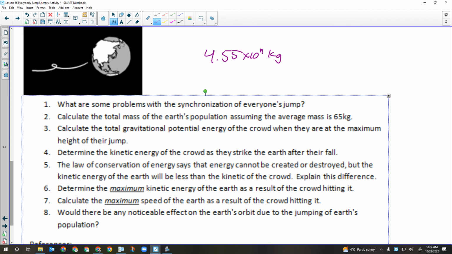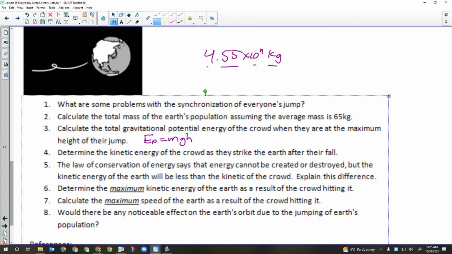Okay, calculate the total gravitational potential energy of the crowd when they're at the maximum height of their jump. I don't know if you remember this from Science 10, but we calculate gravitational potential energy by going m times g times h: mass times the acceleration due to gravity times the height. Everyone was falling from a height of 0.5 meter. This is our mass, and obviously g is 9.81.